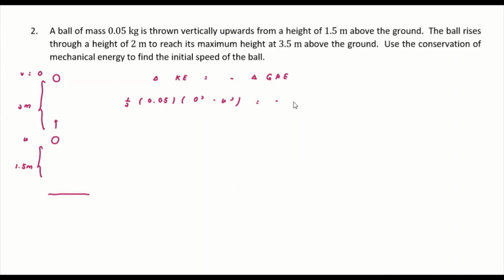In this case we have m 0.05, g 10. The final is an increase, so if we treat the initial as 0, then the final height is 2, minus the initial, which is 0.